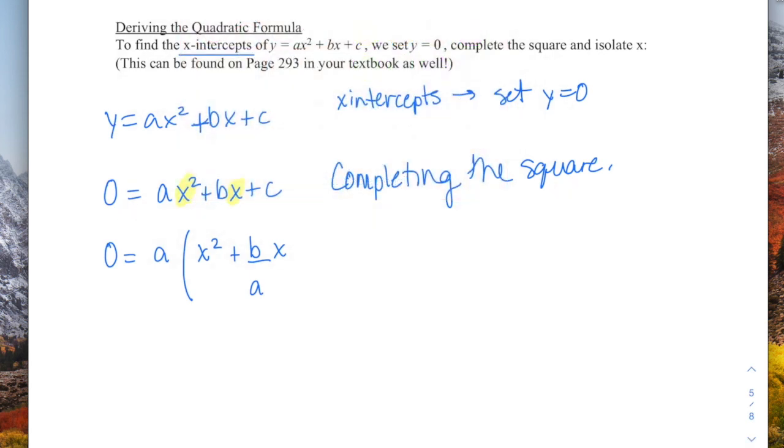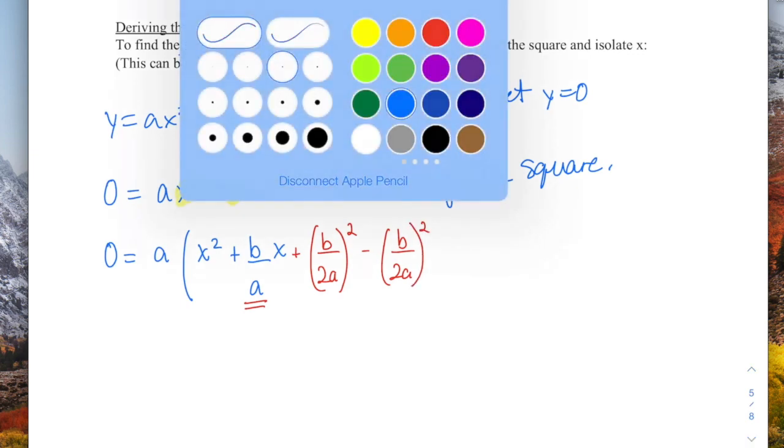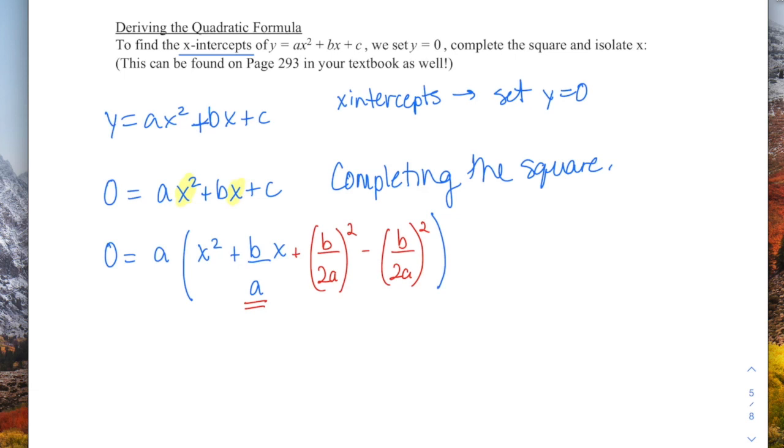What I'm going to do now is what I've always done when completing the square. I take my middle term, I divide it by 2, I square it, and I add and subtract that term within my bracket. So this is the completing the square step.